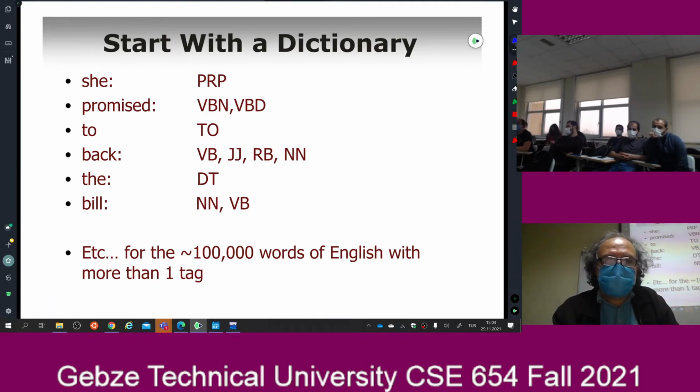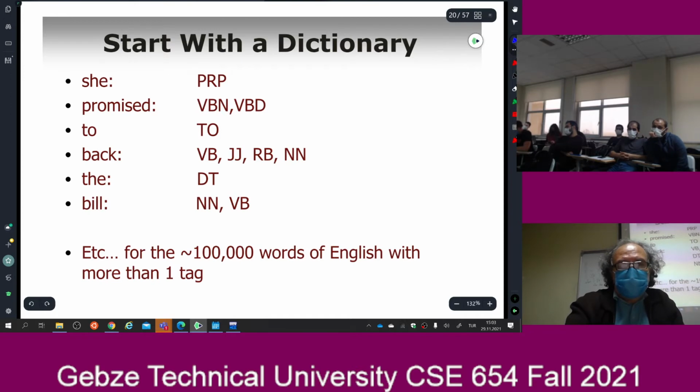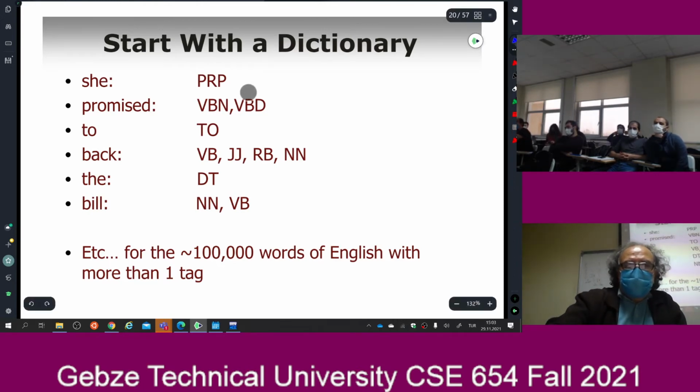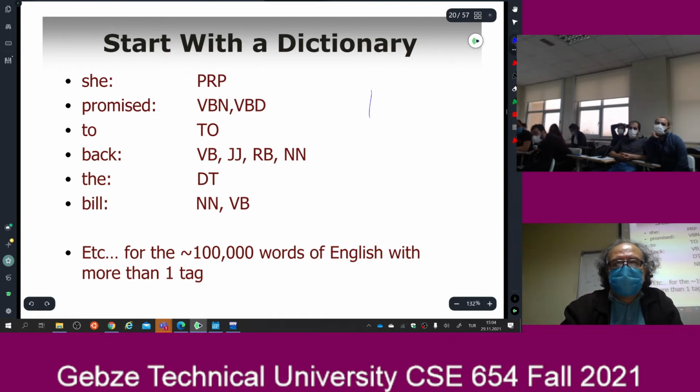The second form or the third form of the verb. "To" is "to", "back" has 4 different classes, and "bill" is either a noun or verb. So how many possibilities exist in this picture? 1 times 2 times 1 times 4 times 2, so 8 times 2, 16 different possibilities of assignment.